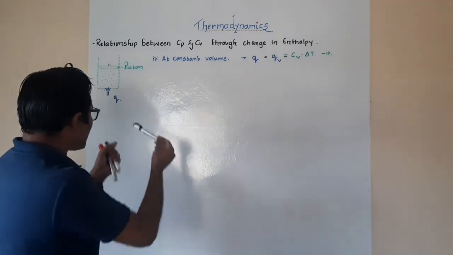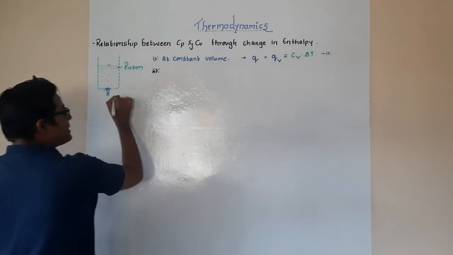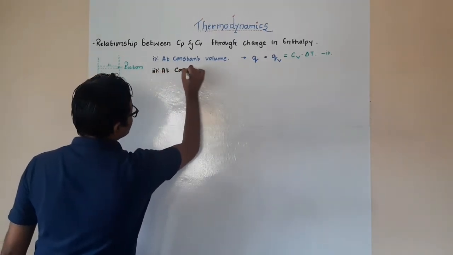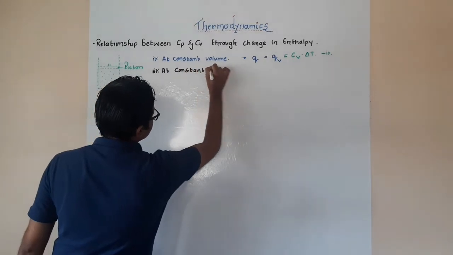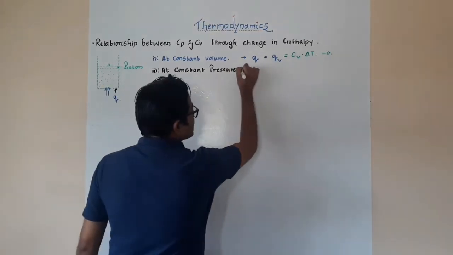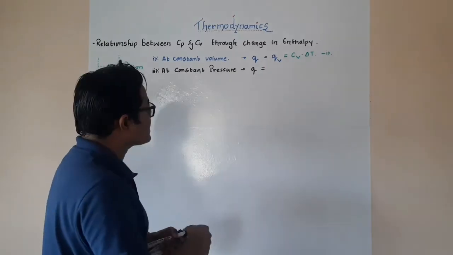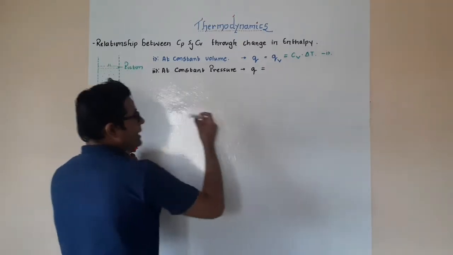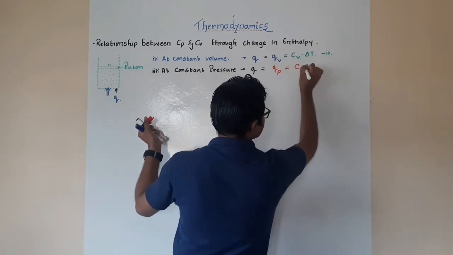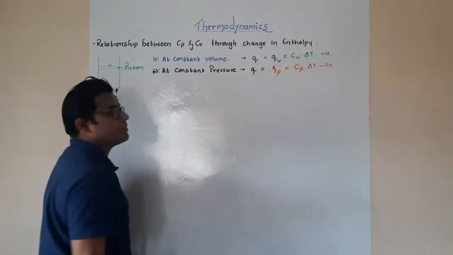Suppose to this same kind of system, if I supply the heat at constant pressure, then the heat supplied at constant pressure is equal to Cp into delta T. Let us say that this is point number 2.